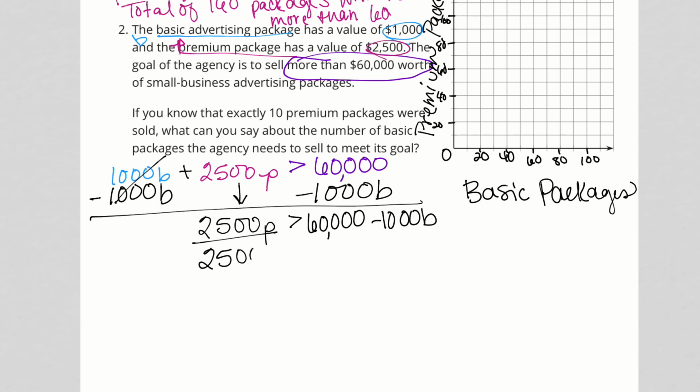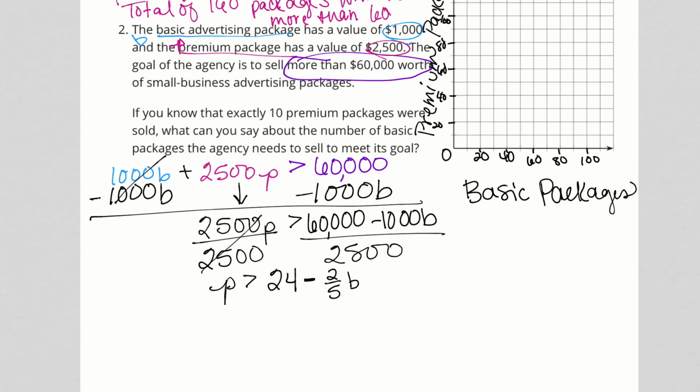Okay, so we're dividing by 2,500 on both sides. We get P is greater than. Let's plug that into our calculator. 60,000 divided by 2,500 is 24, minus 1,000B divided by 2,500, which is 2/5 B.